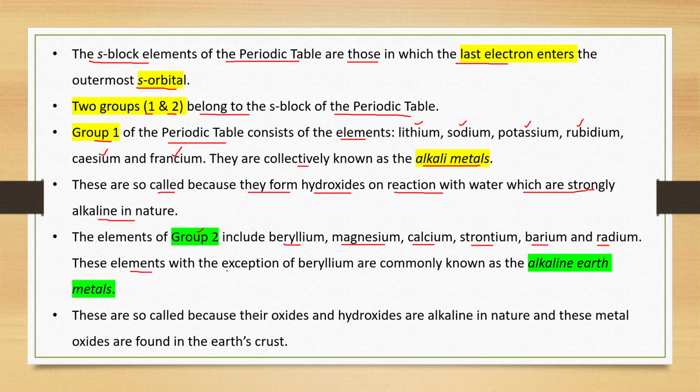These elements, with the exception of beryllium, are commonly known as the alkaline earth metals. These are so called because their oxides and hydroxides are alkaline in nature, and these metal oxides are found in the Earth's crust.